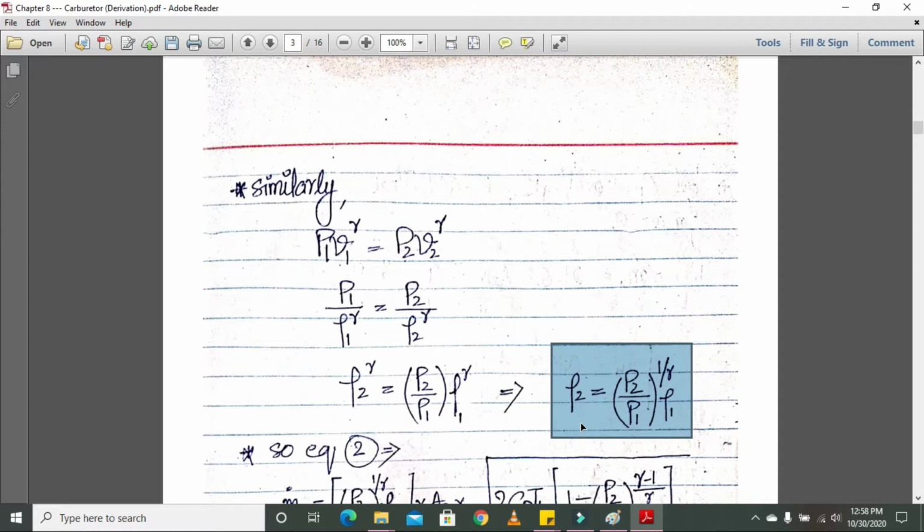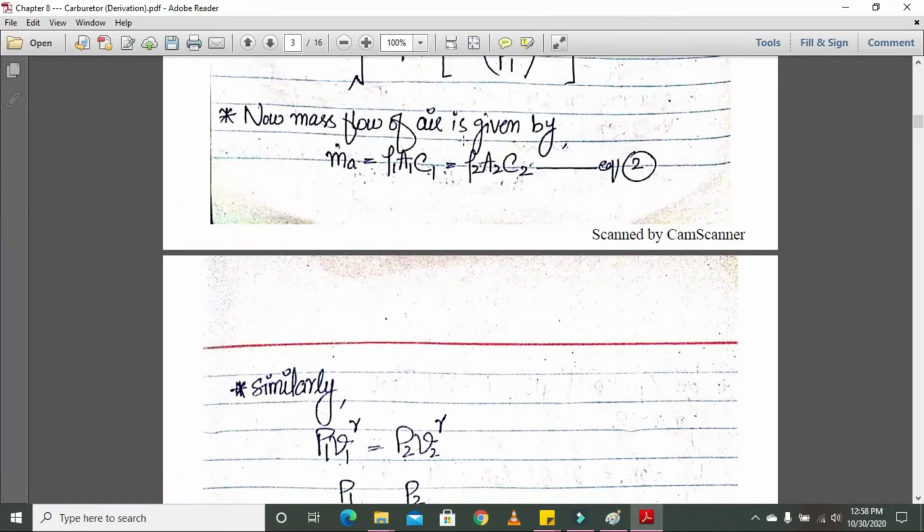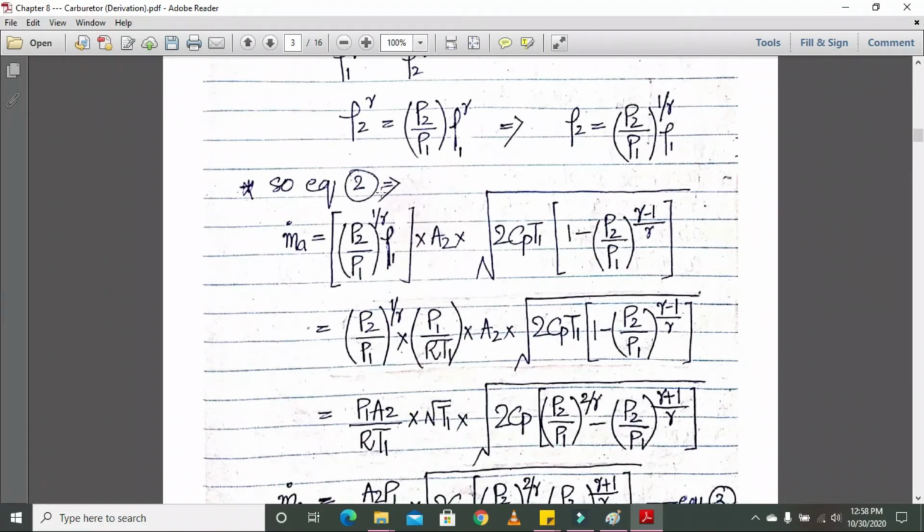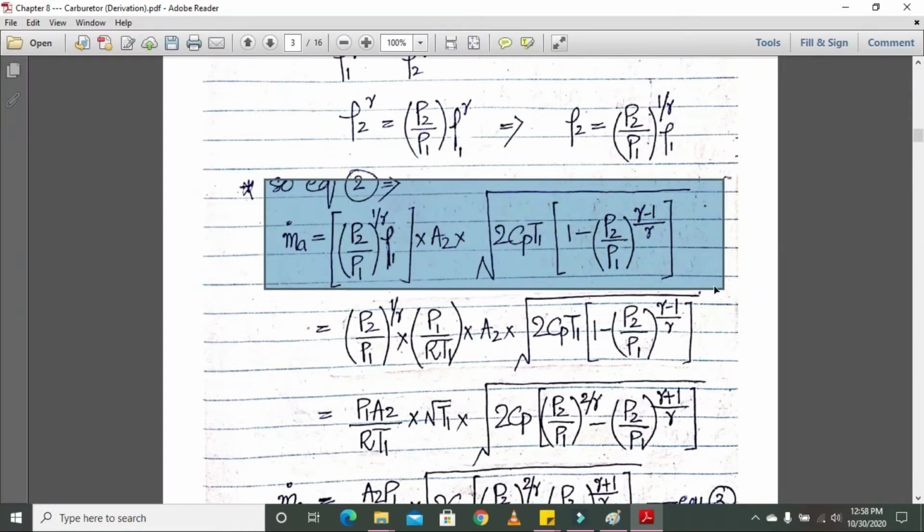Similarly for the velocity at state 2 as well. We will simply replace the density and velocity in this equation to obtain the relation for the mass flow rate of air, and this will be the case here. Here you can see that I have replaced rho 2 and also C2.